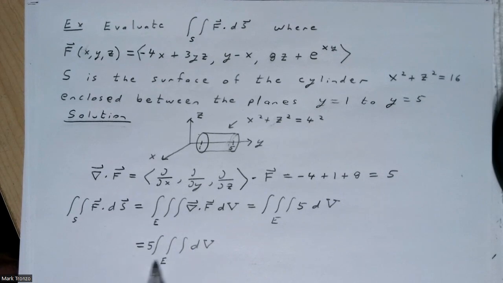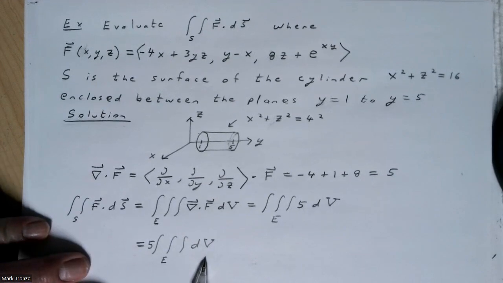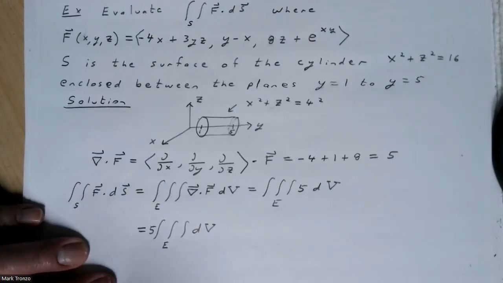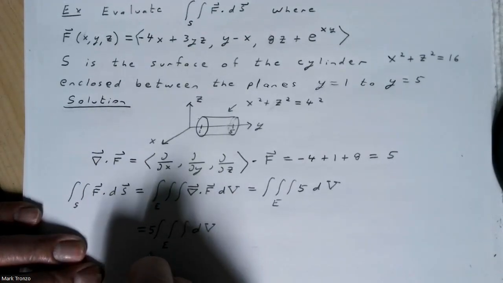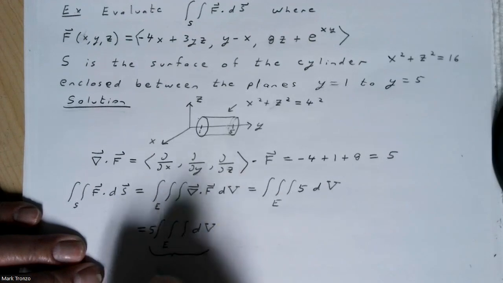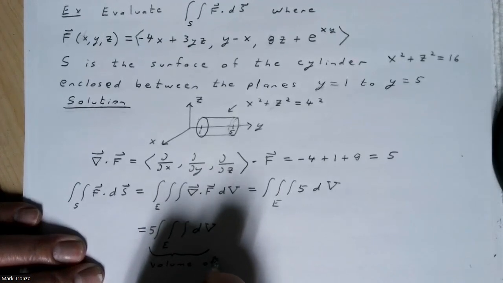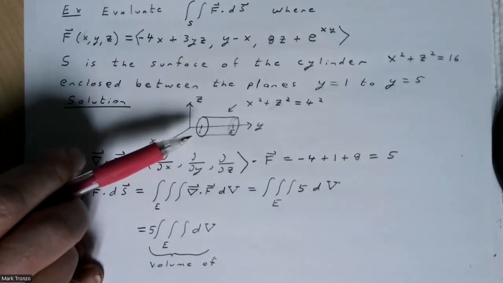So here, if you have a triple integral dV, that's simply going to be the volume. Now, sometimes we don't know the volume. We have to actually integrate to calculate it. But let's say this is the volume, and basically it's the volume of this cylinder we have up here.